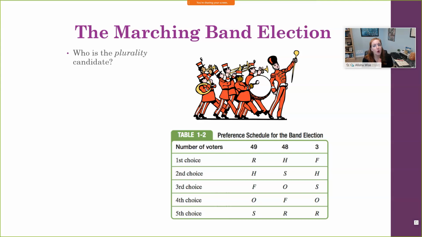The first one is, who is the plurality candidate? You guys remember, with the plurality method, which row do we care about? The first. Very good. We only care about the first. So can anyone tell me who would win the plurality? It would be Rose, because they have 49 votes, right?